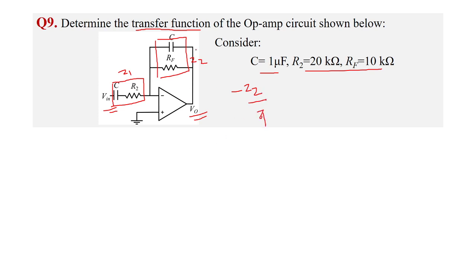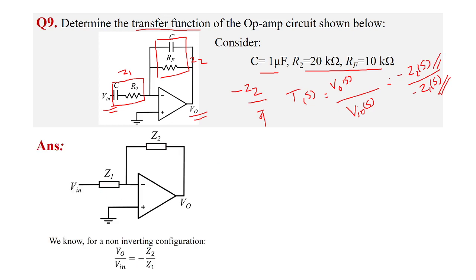So the transfer function T of S equals the output V0 of S by V in of S. This is actually the gain, so it is minus Z2 of S by Z1 of S, since it depends upon frequency. So we have to find what Z2 and Z1 are.